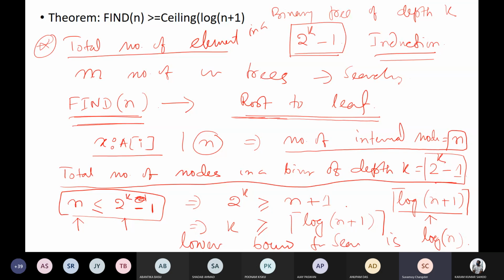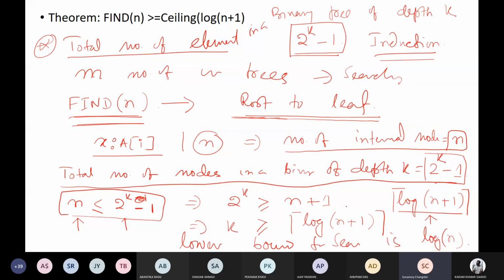This is very important, because suppose you are doing a job, and you have found a problem and by mistake you got an algorithm where the searching is less than log of n, and you applied for a patent and wrote a research paper and so many things. Then people will laugh, because you forgot the basic theorem that the lower bound of a searching algorithm is log of n.